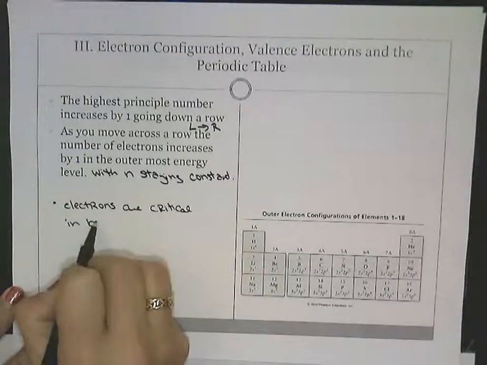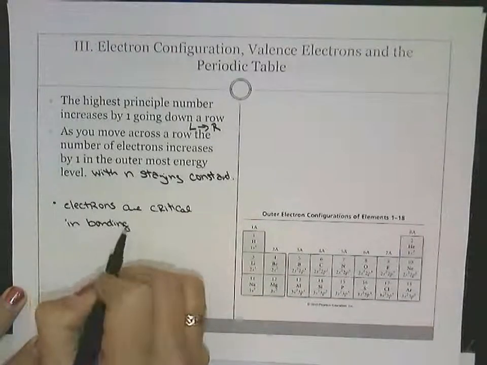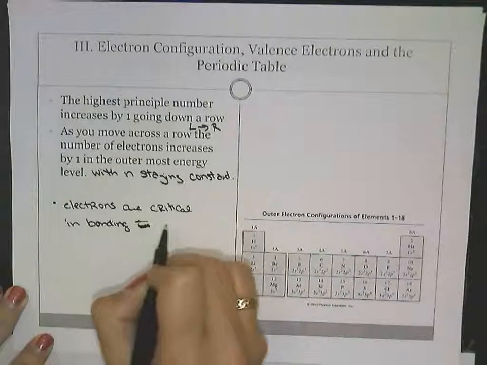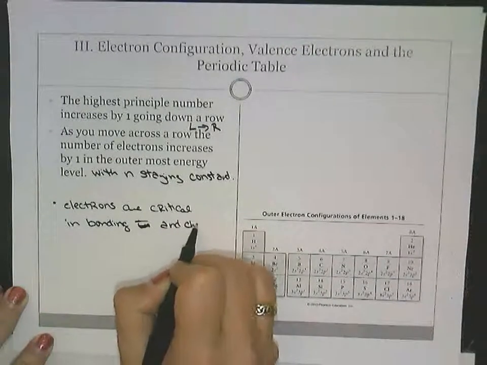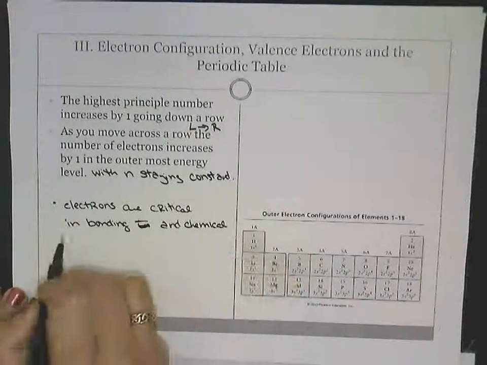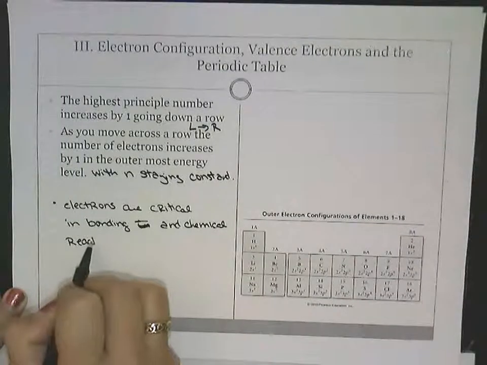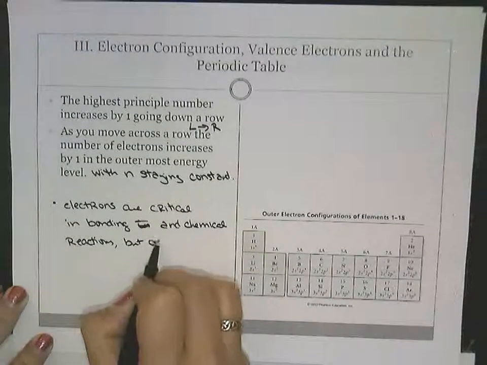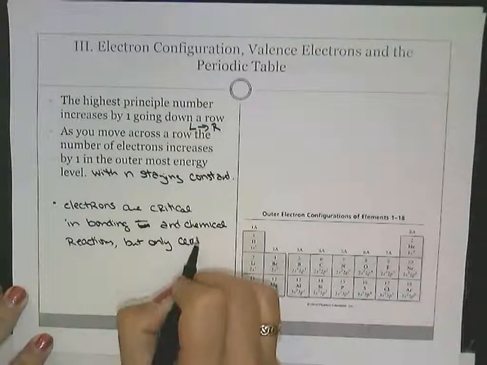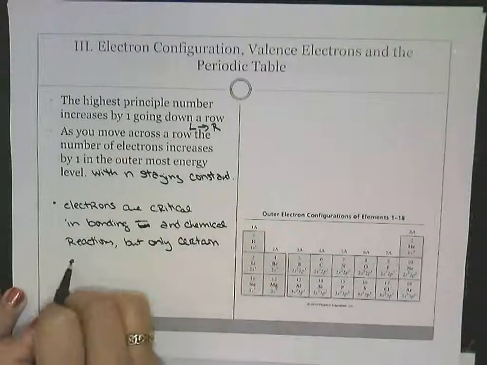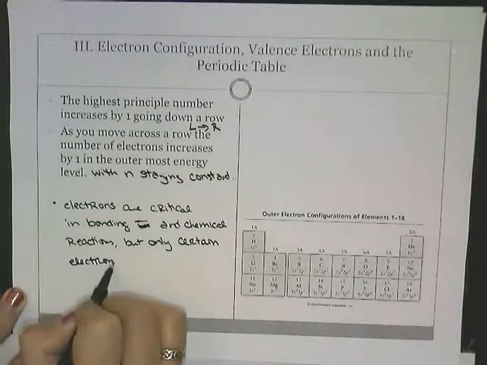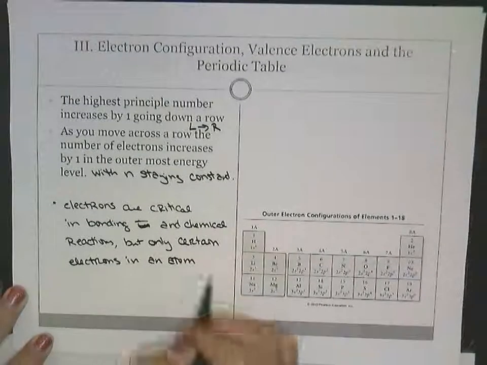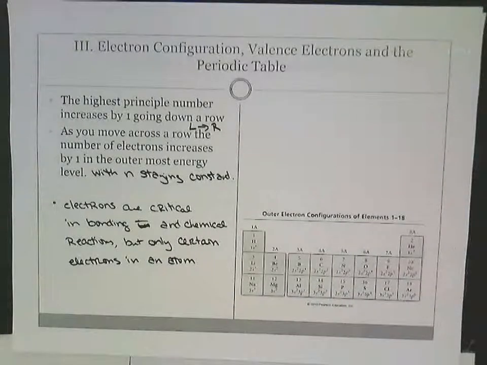All right, so electrons are critical in bonding and in chemical reactions. But only certain electrons in an atom are able to participate in bonding and chemical reactions.